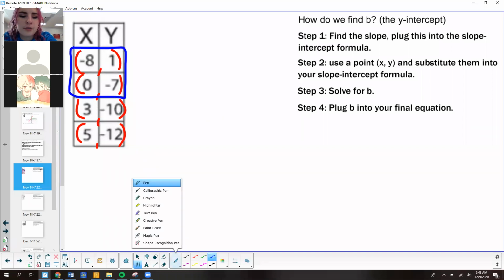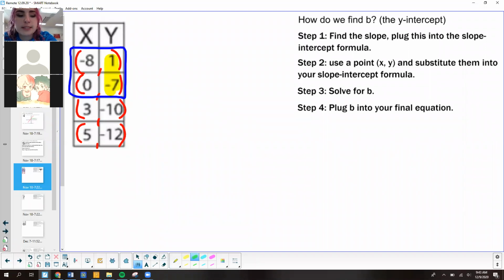So I'm going to do the change or difference in my y values divided by the change or difference in my x values. So what I mean by that is, remember, I'll make this point 2 and this point 1.